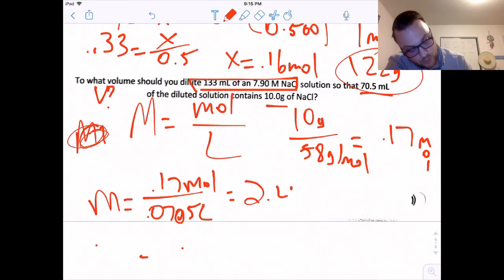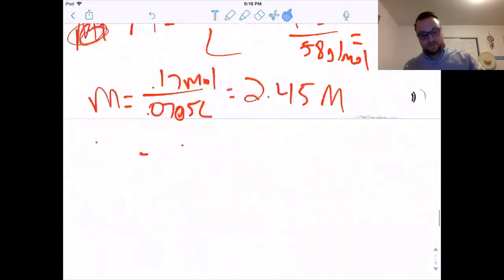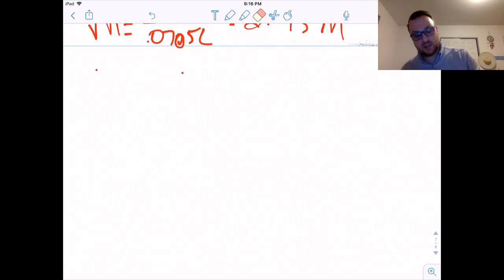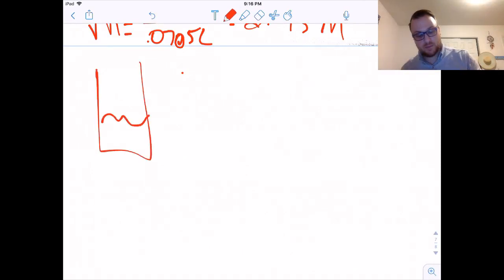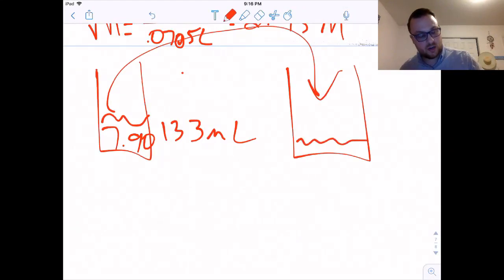That is the goal. I have to take what I have, which is 7.9, 133 milliliters, and dilute that until it has a concentration of 2.45. The smart way to do this is to take your beaker, 133 milliliters, this is 7.9, take an empty beaker, pour some of it out into here, and then add water until it equals 2.45.